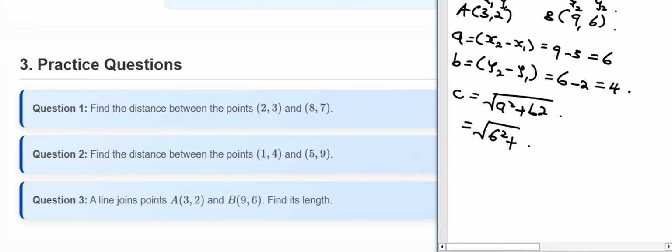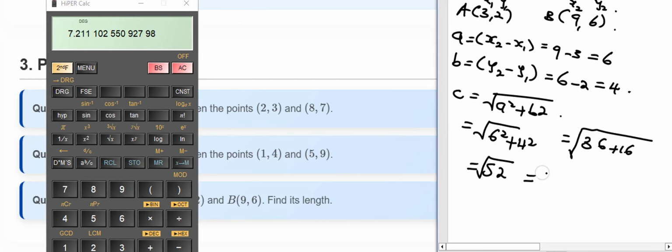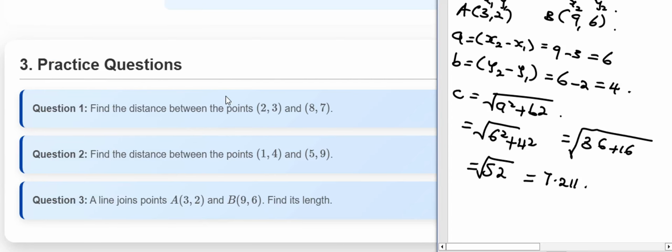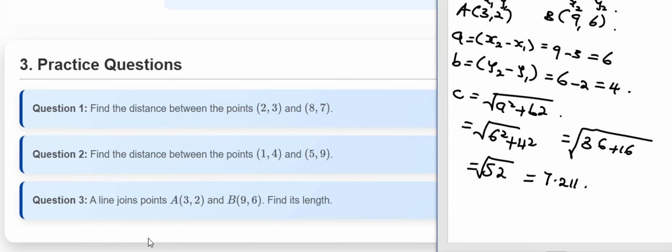So it becomes the square root of 36 plus 16, which is 52. Then the square root of 52 is the same as 7.211. I think I repeated the example from the graph, or just used different coordinates.